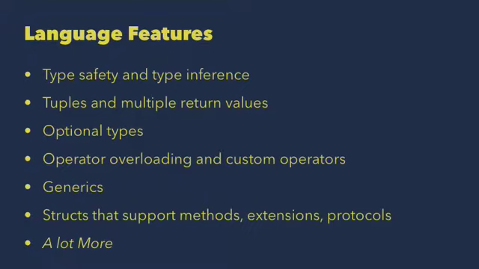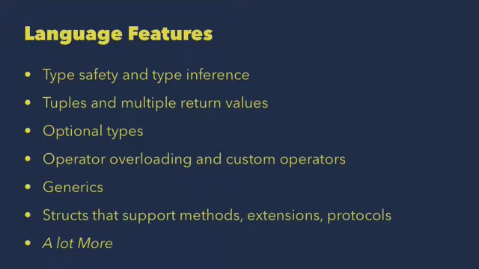Tuples, where you can return multiple values, and optional types, and also the infamous operator overloading from C++, and custom operators. And for the first time we have generics for iOS developers, and even structs get much more powerful now. We can support method extensions, even protocols for structs, and of course a lot more than that.